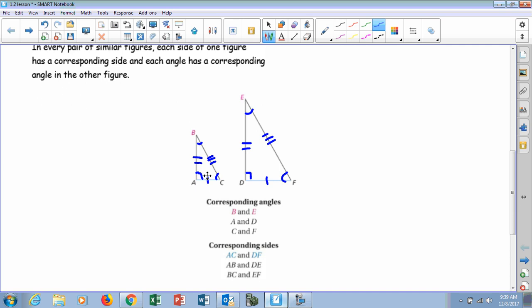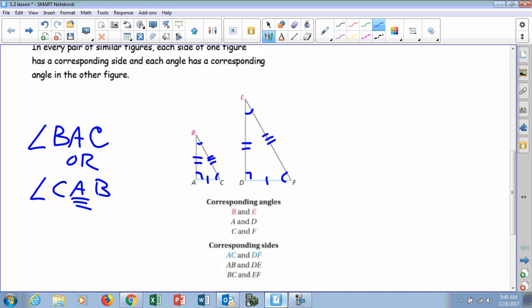So if I wanted to call an angle that included angle A, we always use the middle part of the angle as what we call the vertex, meaning where you would put your angle ruler to measure the angle. So if I wanted to call this angle A, we could actually call it angle BAC or angle CAB. Because the middle letter is really where the angle is.